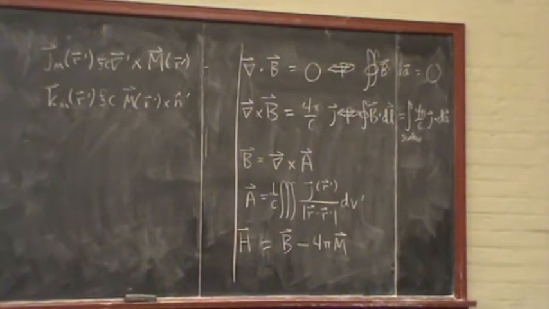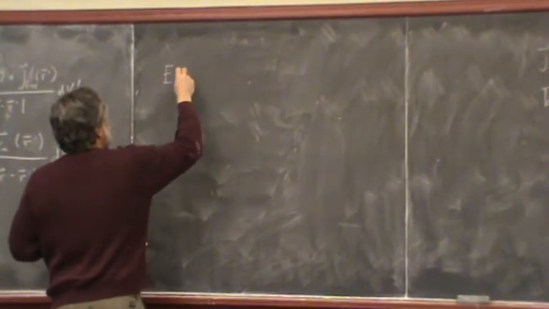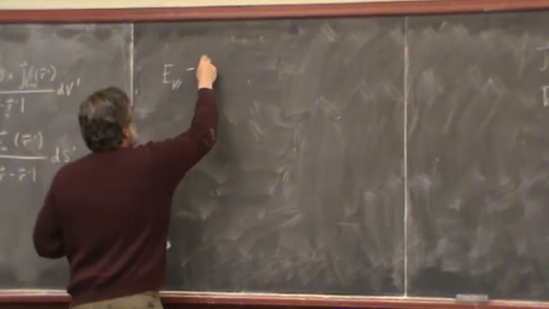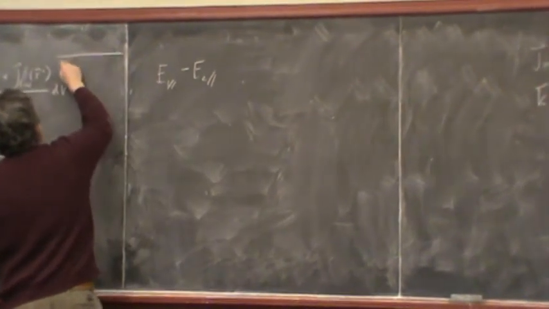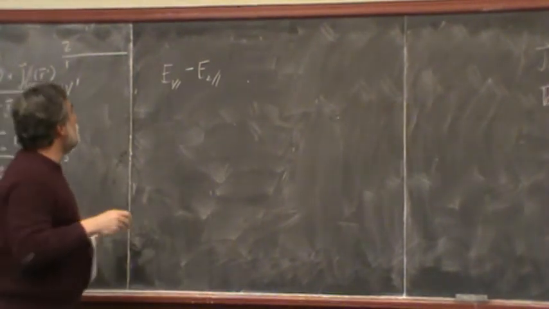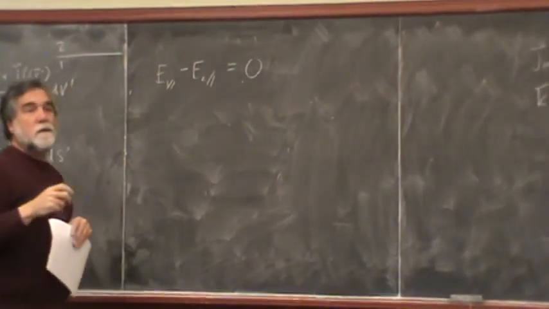So I think we wrote E1 parallel minus E2 parallel, where I have a surface and medium 1 and medium 2, is equal to 0.